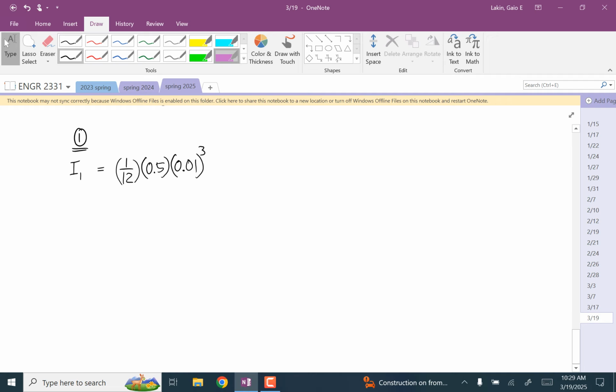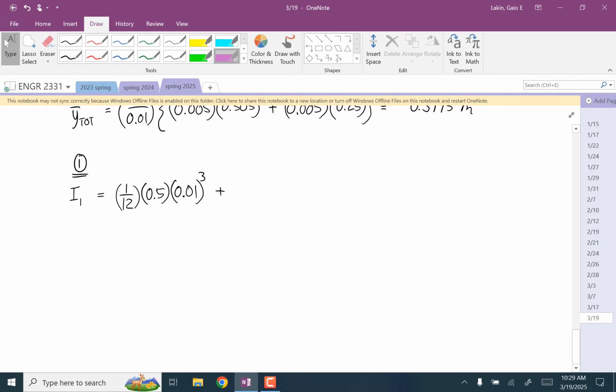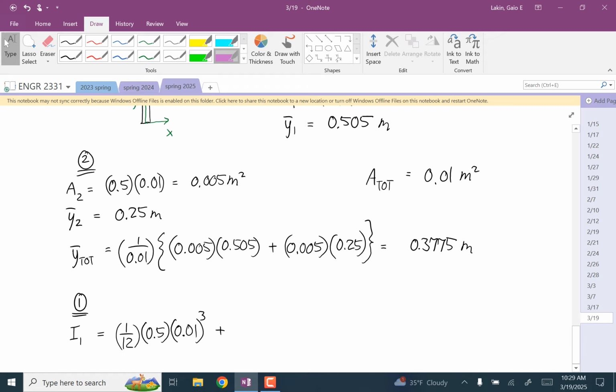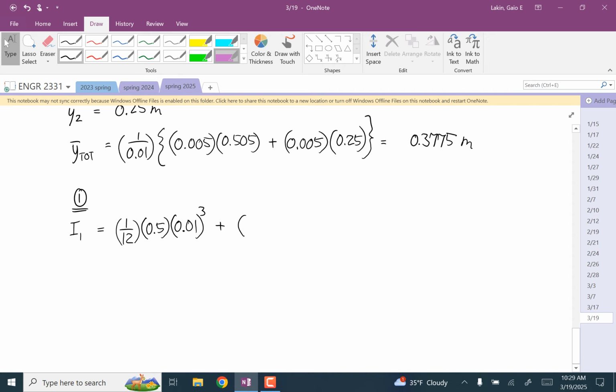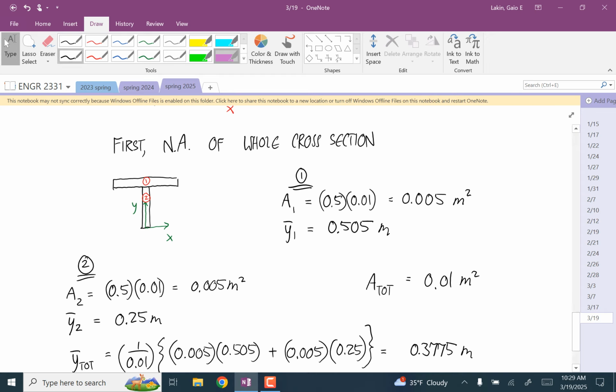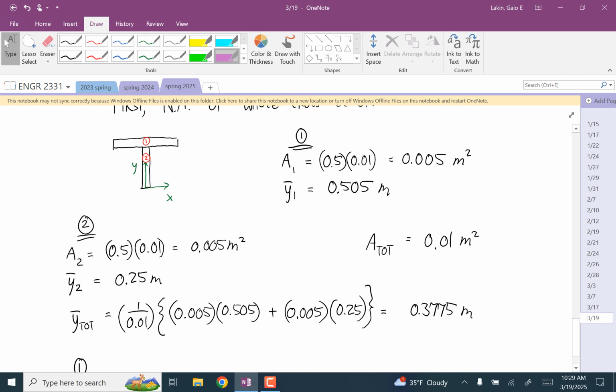And then we're going to do the parallel axis theorem part. So this is going to be the area, 0.005, times the distance from the centroid of 1 to the centroid of the whole shape.